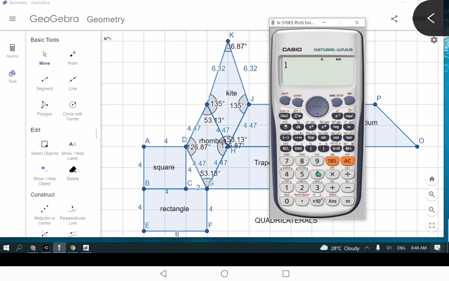Their sum is 180. If you calculate 53.13 plus 126.87, the total comes to 180, because they are interior angles.